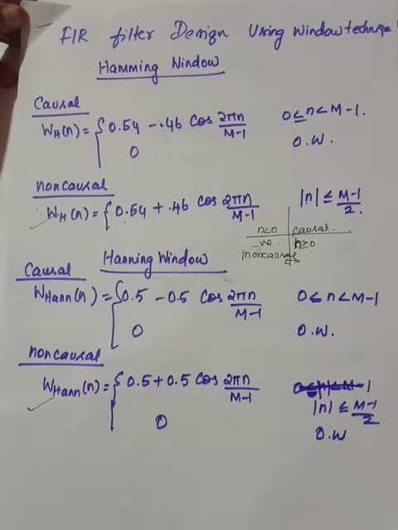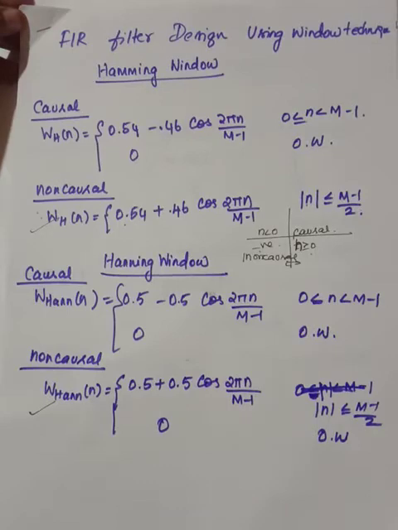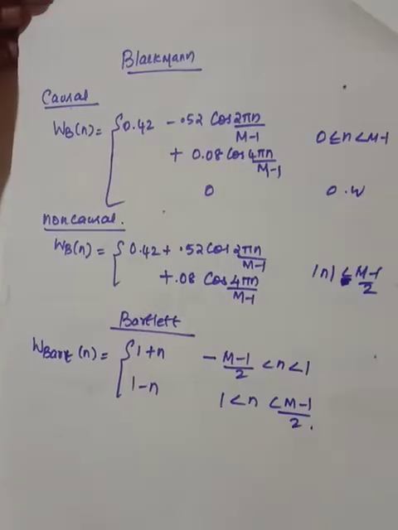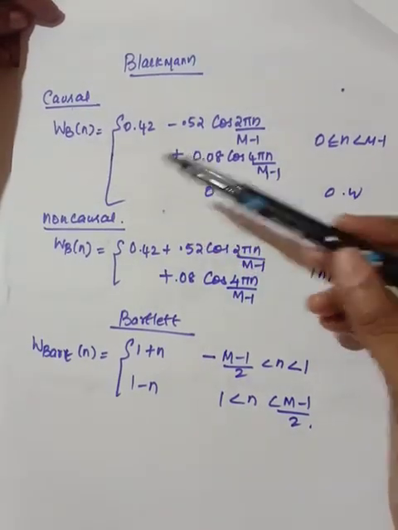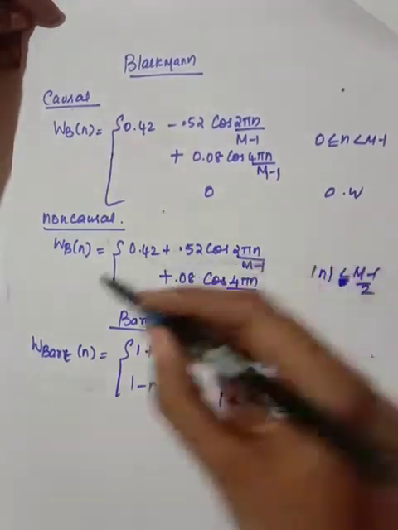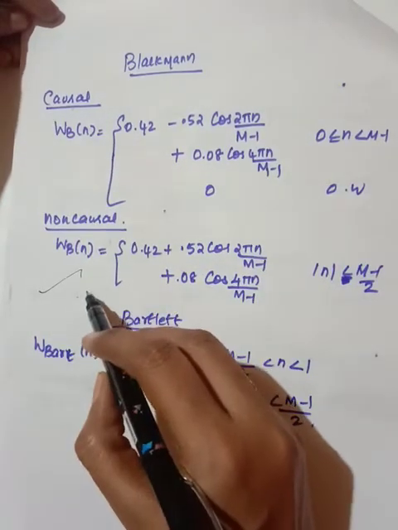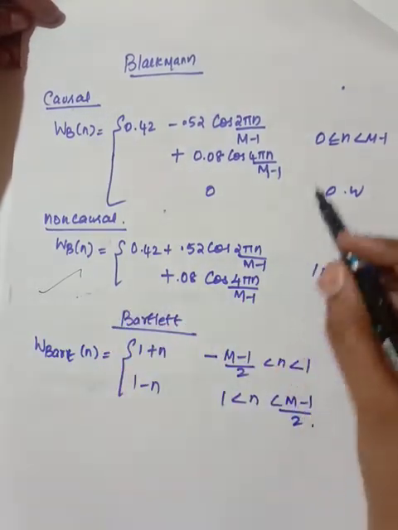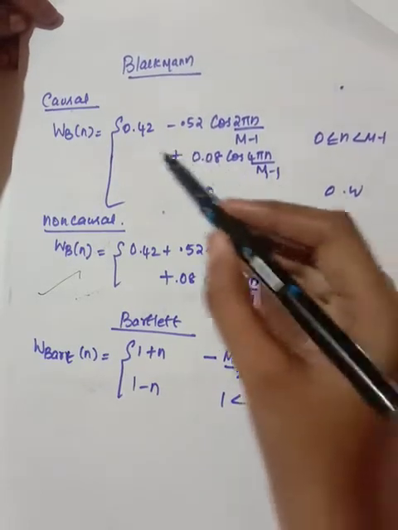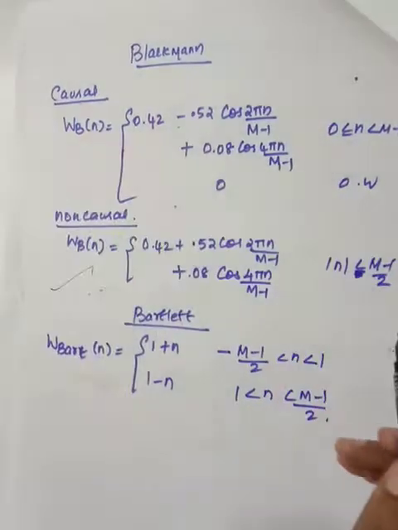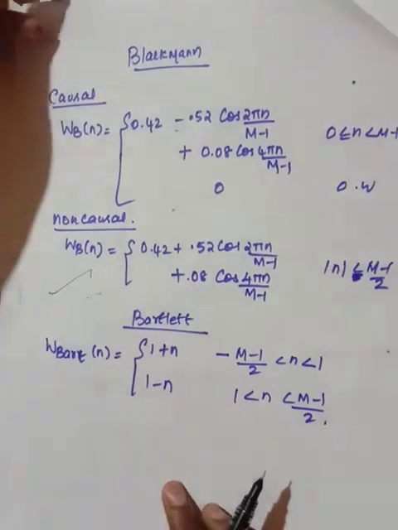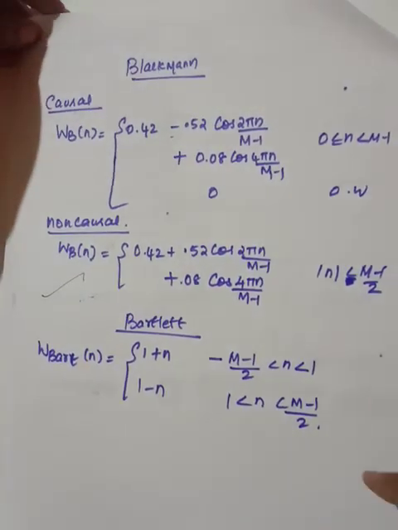Instead of capital N, here they are using M minus 1; in some books they use the term M. Both are the same. Similarly, for Blackman, we have seen the causal and non-causal sequence relations. So this is for the non-causal sequence, and here you will get minus. In your syllabus you have Hamming, Hanning, Blackman, and rectangular windows.